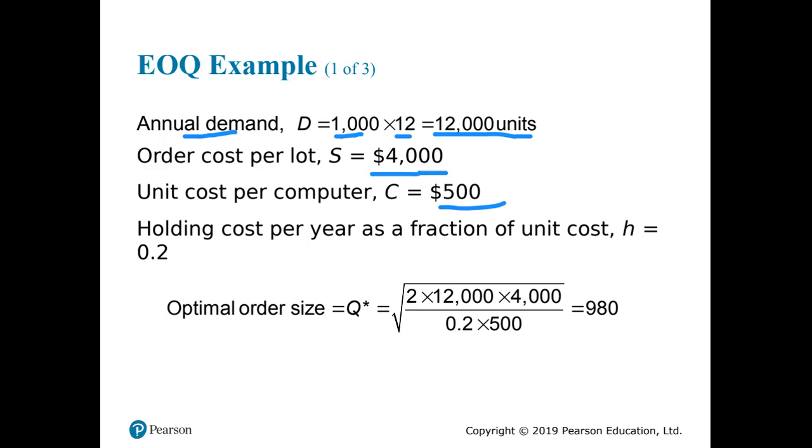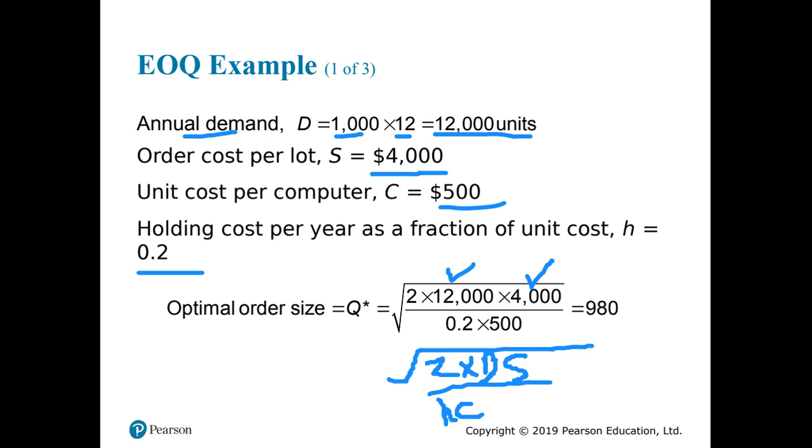So as per this formula, 2 into 12,000 is basically D, then S, and we had C or H. Using this formula, 12,000 into 4,000 into 2, divided by 500 into 0.5, it gives us 980 as the economic order quantity.